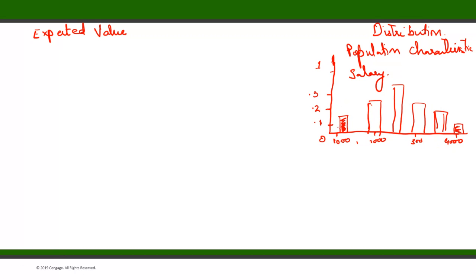So this is the distribution, or we can call it the shape of the salary. There are two things which can explain the distribution or the shape. The main thing is what kind of shape it has, if you make a histogram of the salary.